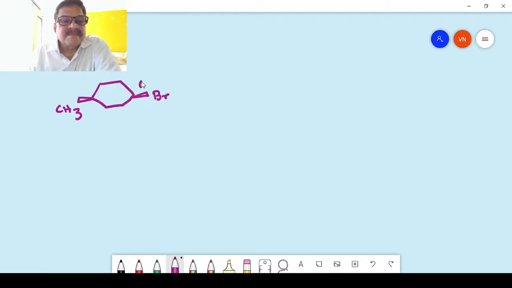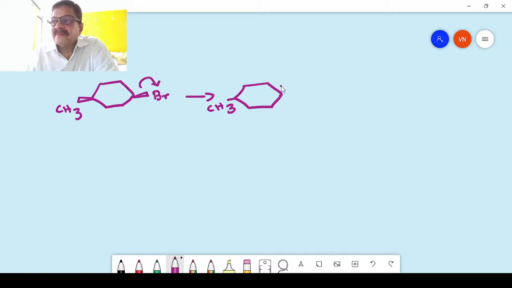Now this will form an intermediate, a carbocation intermediate. So this planar carbocation intermediate is formed in the case of an SN1 mechanism, a two-step mechanism.